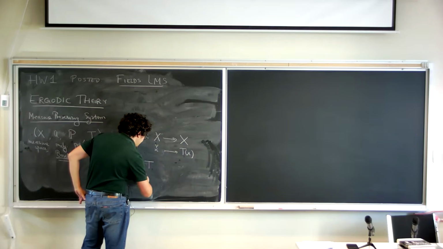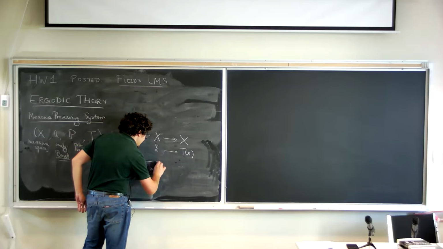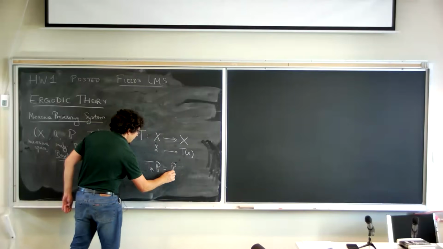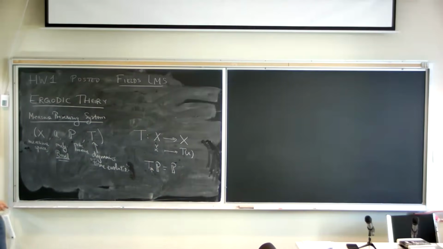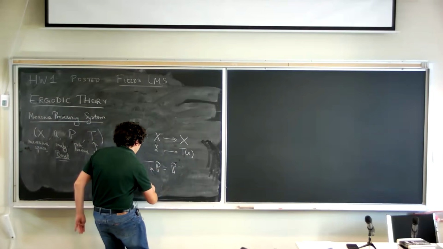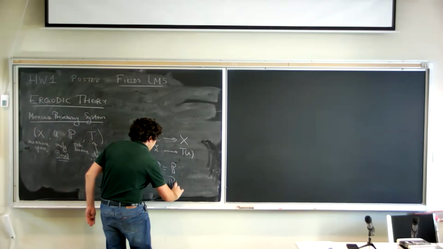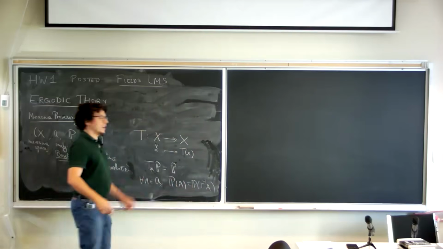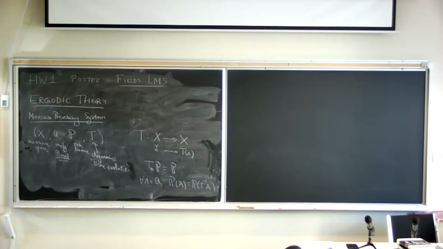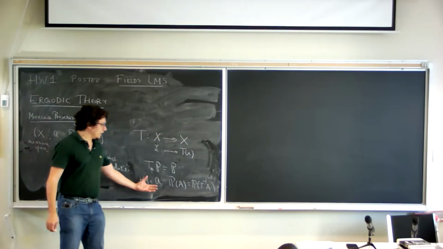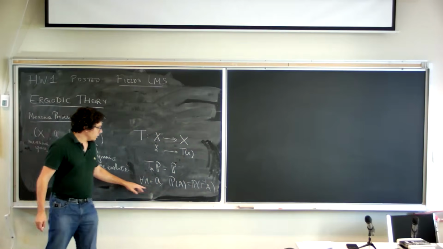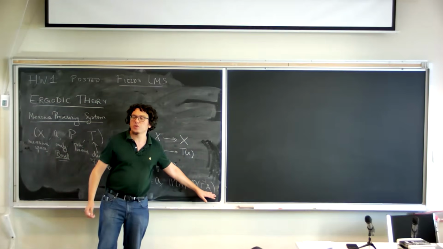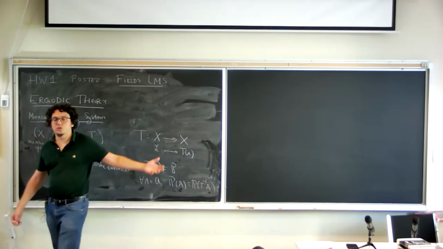So in shortened notation, you say that the push forward of P under T equals P, which is equivalent to saying that for every A in your sigma algebra, the probability of A is the same as the probability of the pre-image of A under T. So for any event that you can think of in your system, the probability that this event holds today is the same as the probability that this event holds tomorrow.